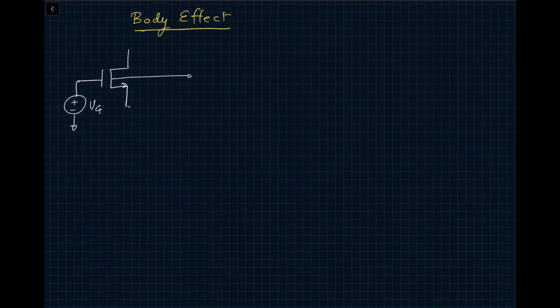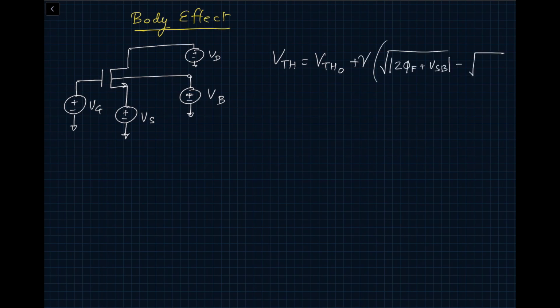I would like you to recall what we learned in the earlier lecture for the MOSFET, which is called body effect. So body effect, let me write it again. This is a recap from our previous lecture. What this is telling you is the threshold voltage of the device changes depending upon the potential difference between body and source.